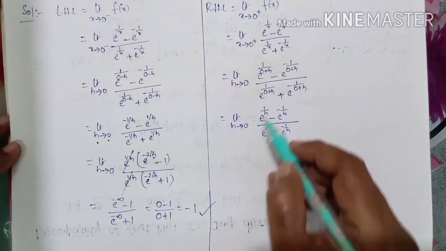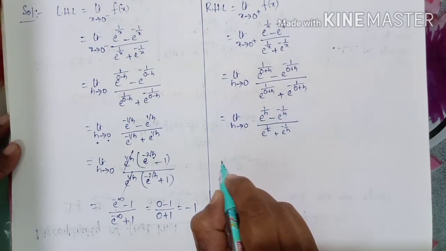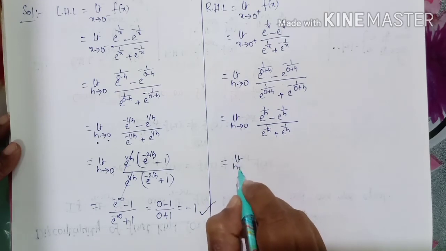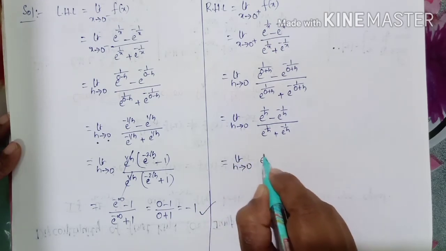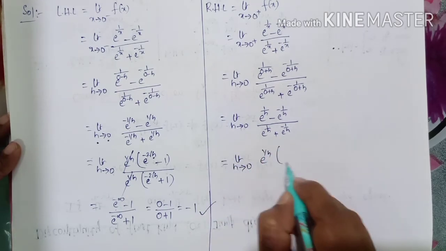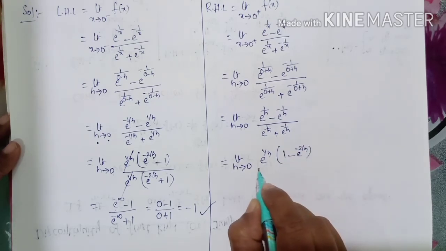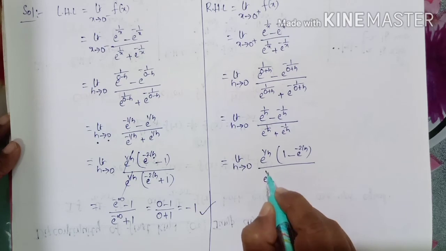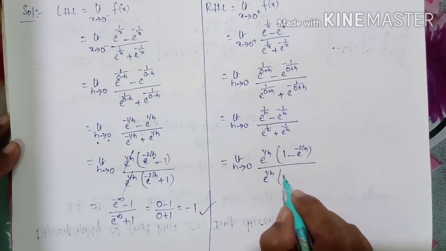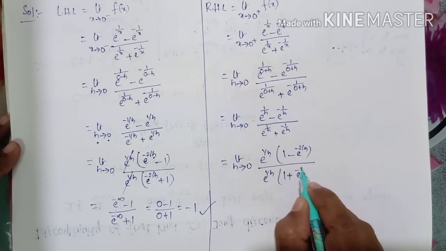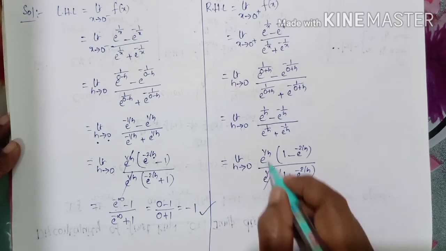In this problem also we have to remove e power 1 by h. So we take e power 1 by h as common. So (1 minus e power minus 2 by h) by, denominator also common, (1 plus e power minus 2 by h), cancel.